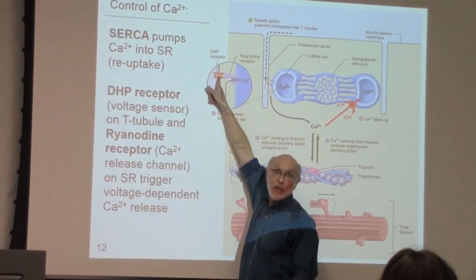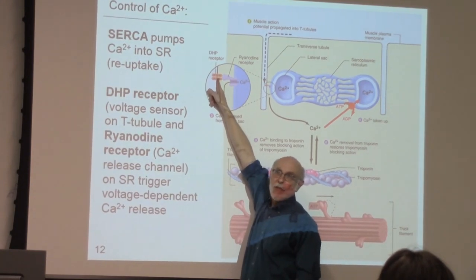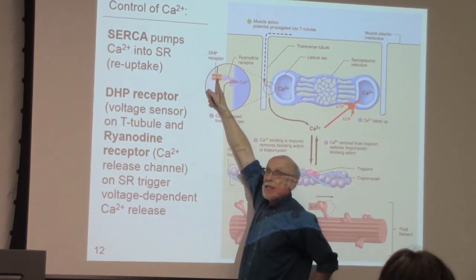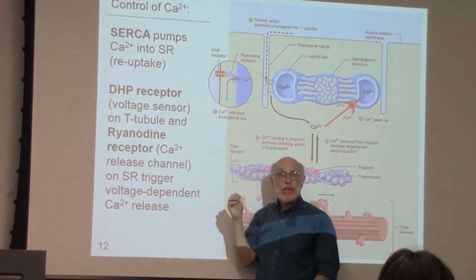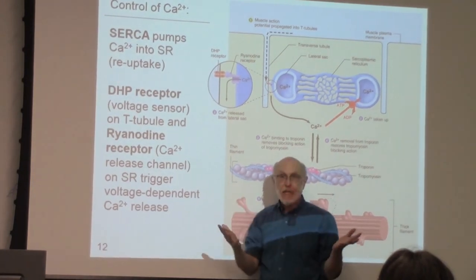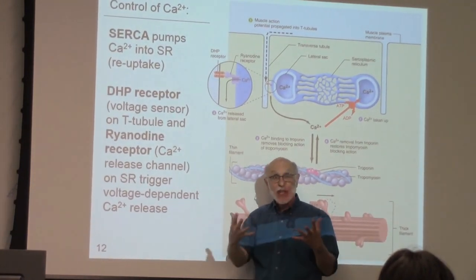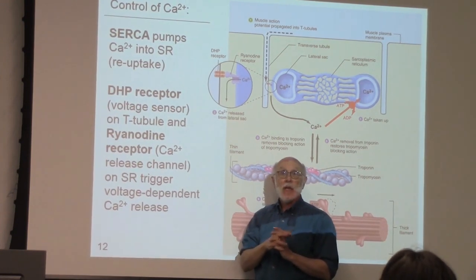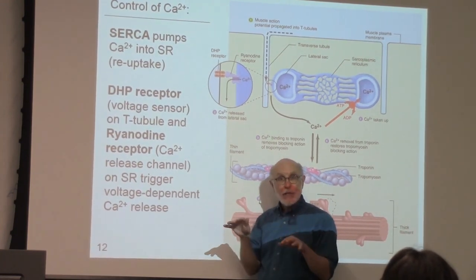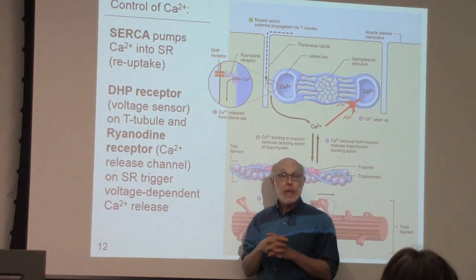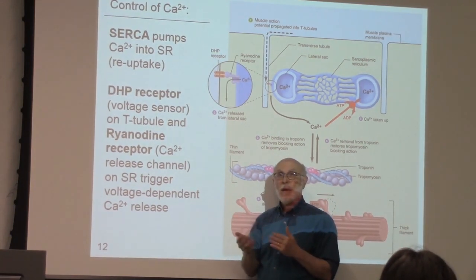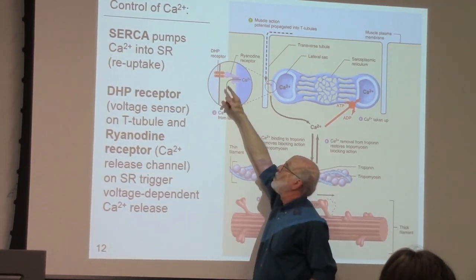So a voltage-dependent conformational change of this voltage sensor in the T-tubule. Remember the action potential from the surface membrane. The T-tubule is a specialized extension of the surface membrane. So action potentials on the surface membrane penetrate into the T-tubule.